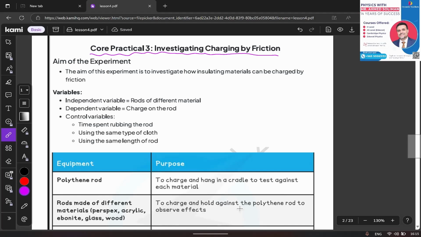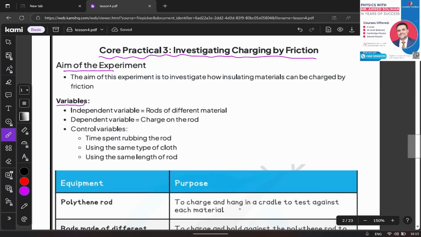The aim of this experiment is to investigate how insulating material can be charged by friction. So what do you need to charge an object by friction? You need two objects: the object which will be charged and another object.